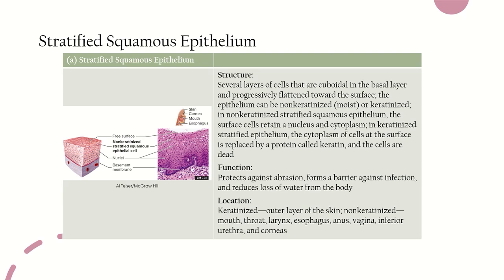You can have stratified squamous epithelium, which really helps protect against abrasion. It could be keratinized, so it has an extra protein called keratin in it, forming the outer layer of the skin, or non-keratinized, so it has no keratin, as in the mouth, throat, larynx, esophagus, and other cavities that undergo lots of abrasive forces.